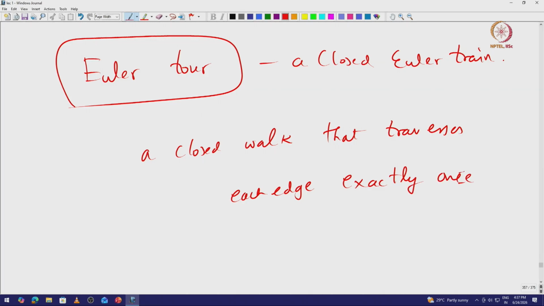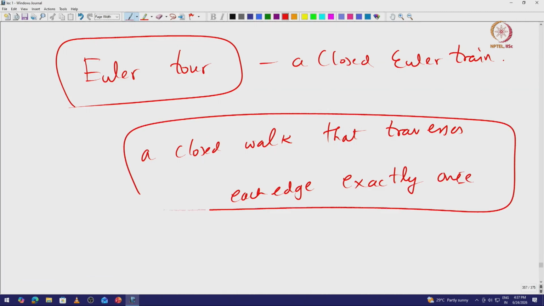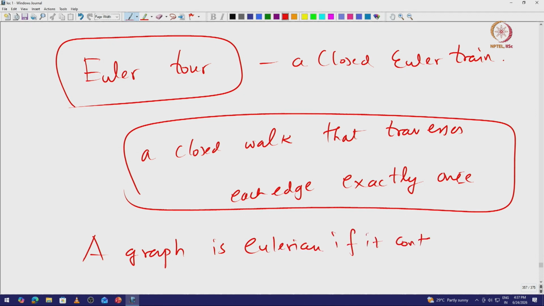That is what you call an Euler tour. A graph is called Eulerian if it contains an Euler tour.